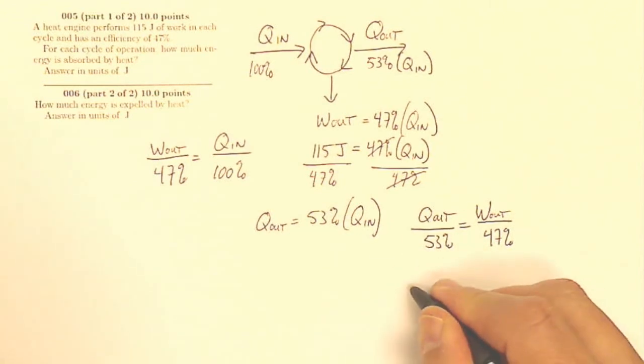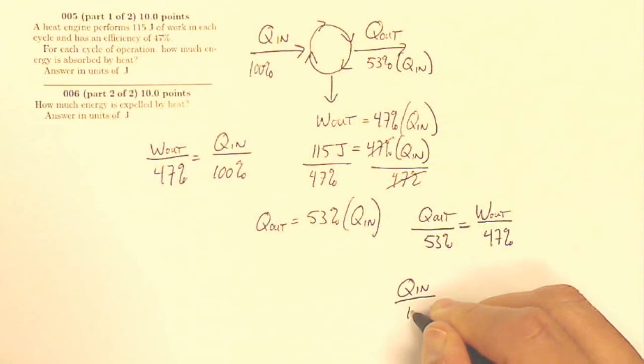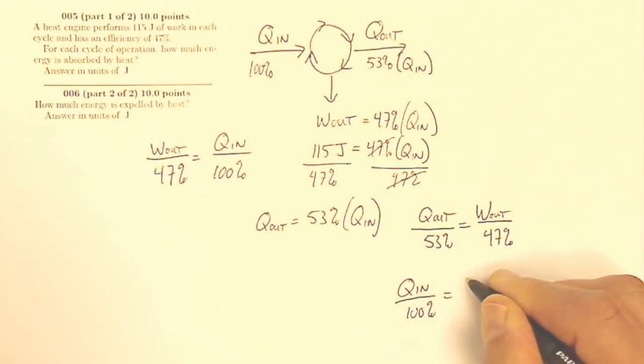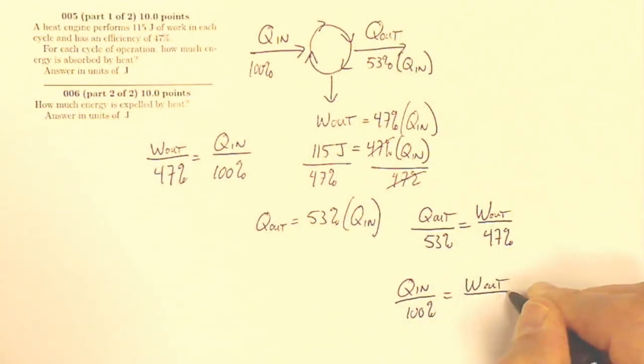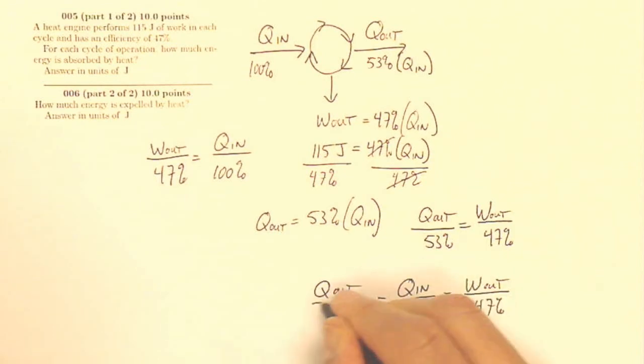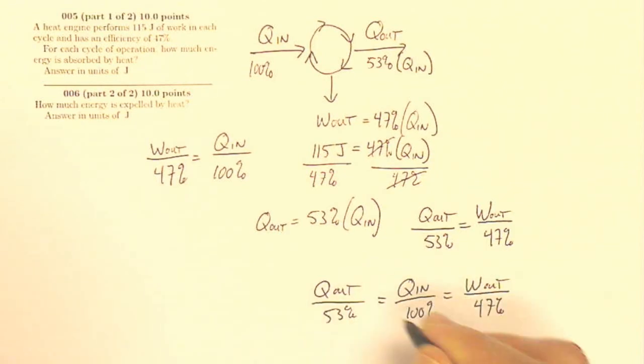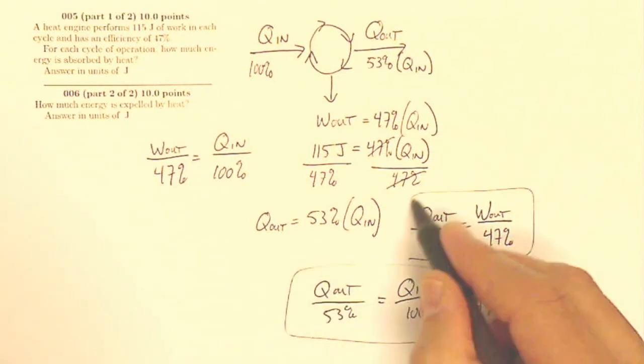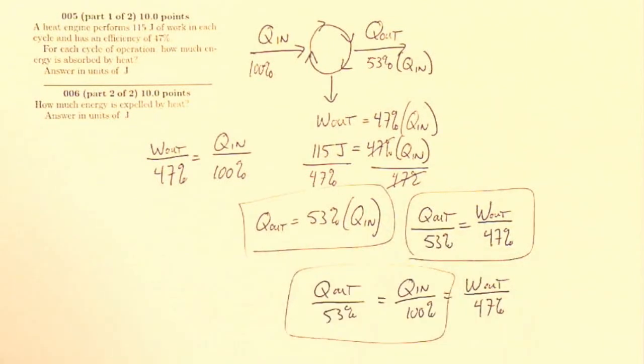Or I could do Q in is to 100% as work out is to 47%. That won't help me. What I'm looking for is Q out is to 53%. So either one of this or this or this will give you the answer for how much Q out you're getting in one cycle.